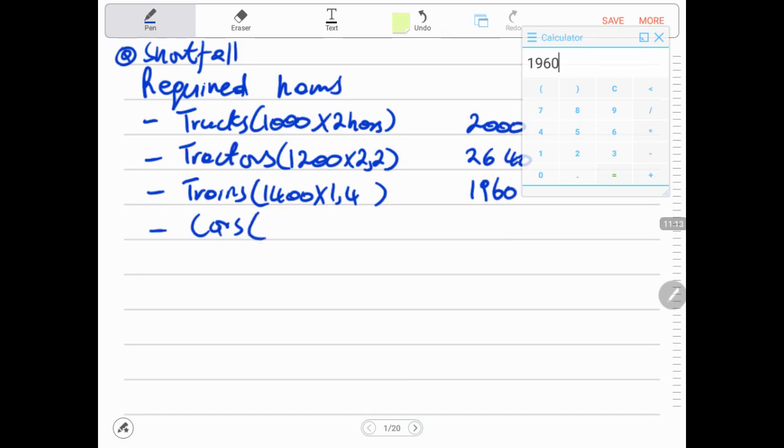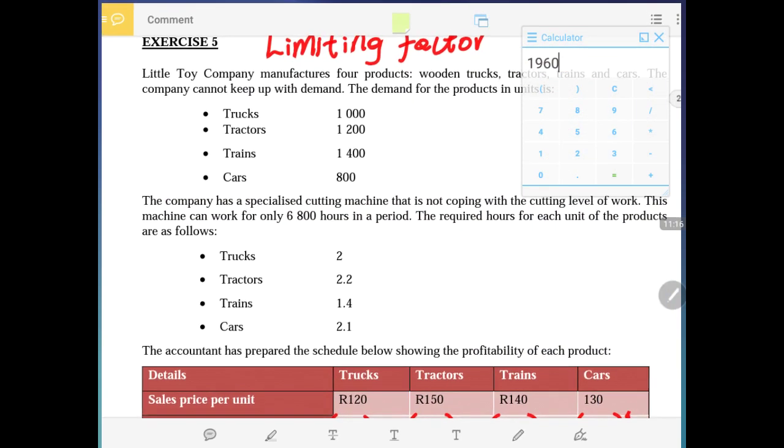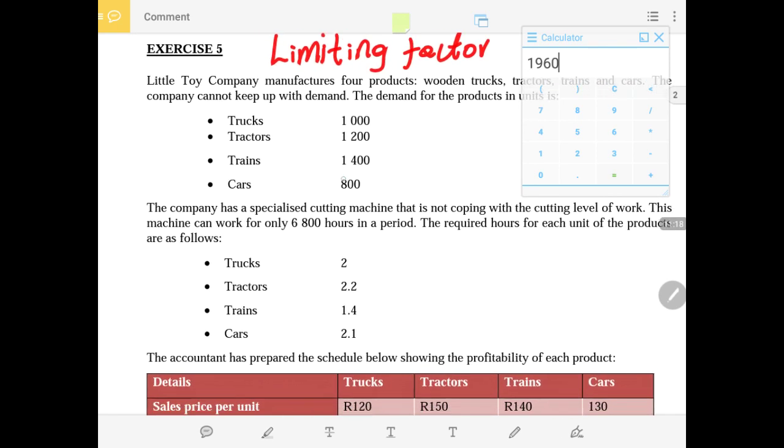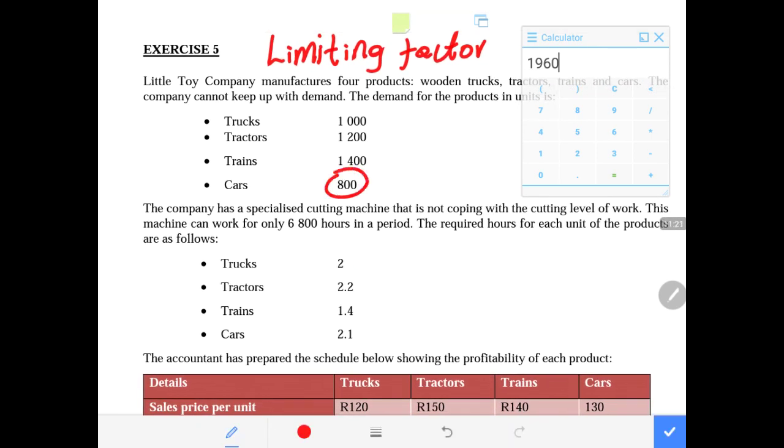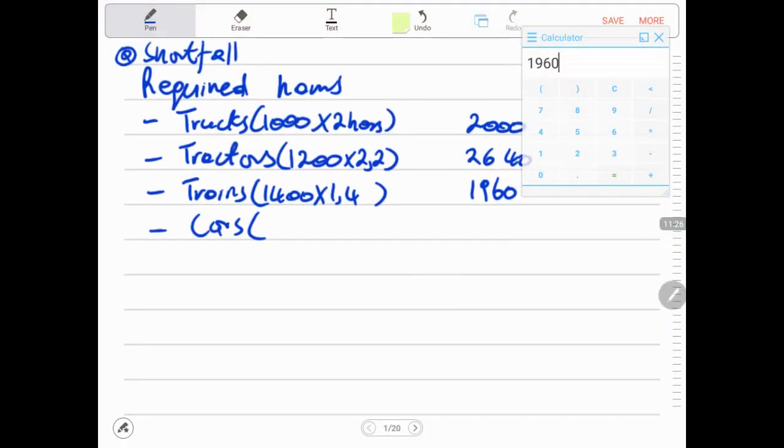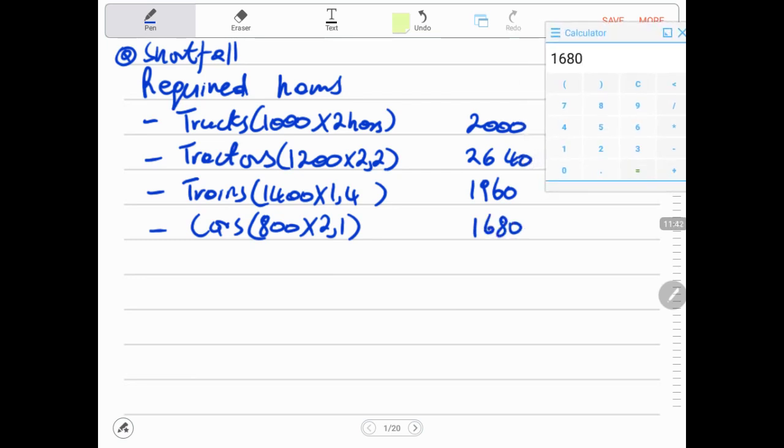Then after we have the cars, and the cars, we want to manufacture 800 cars, and it takes 2.1 hours to complete 1 car. So we say 800 multiplied by 2.1, we get 1,680.